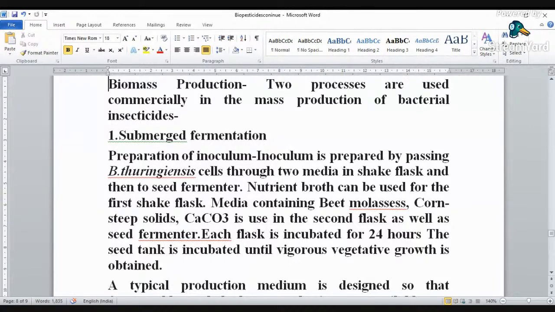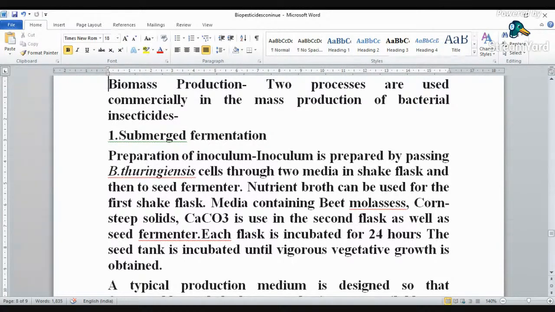So tomorrow I will give you its notes, and on Monday or Tuesday we will conduct an exam of 20 marks on this biopesticides. One point is remaining, but it is not available. If the college opens and books become available, I will search for it in the books and send it to you.